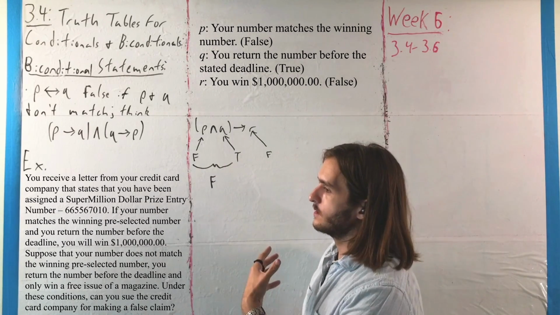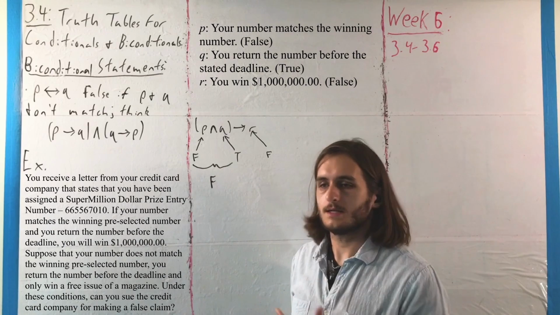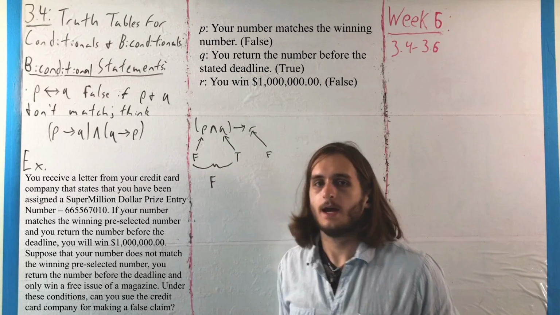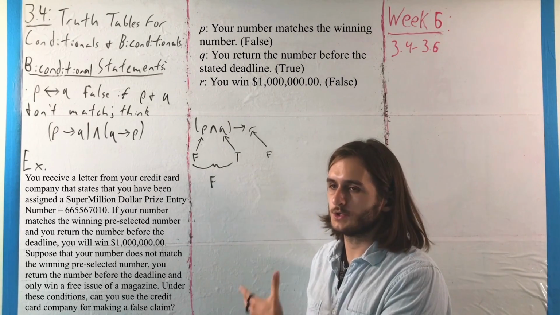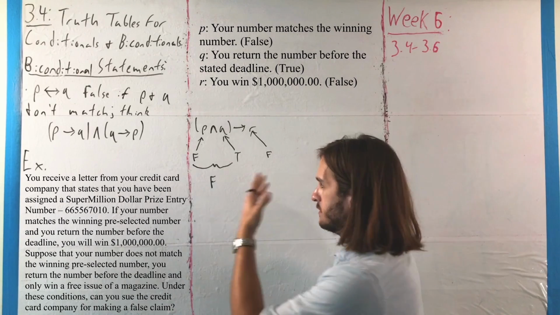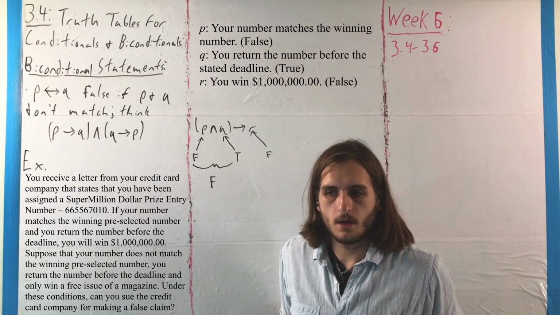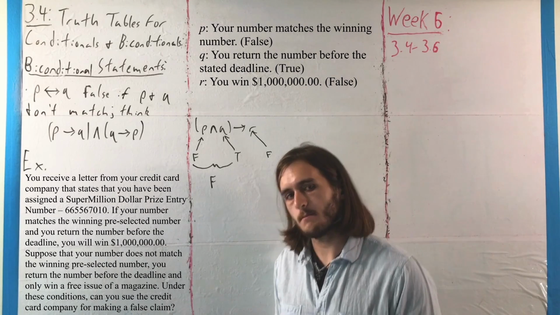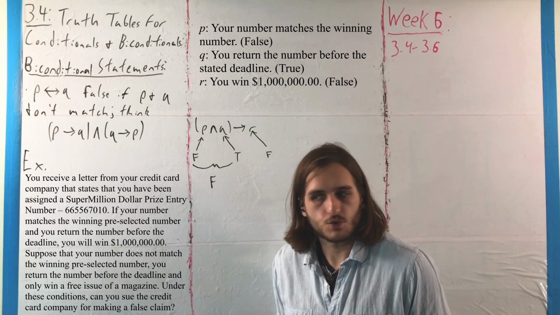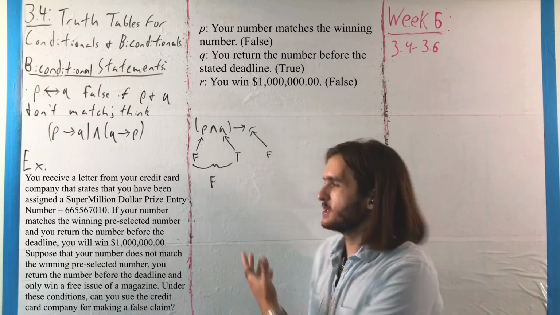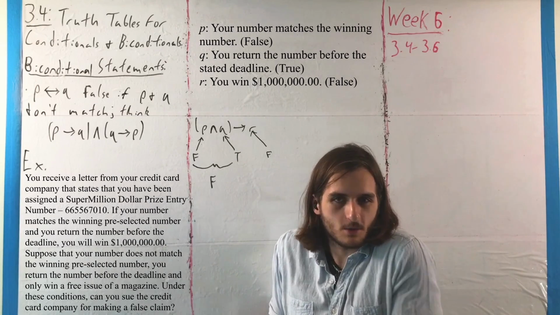And that means our antecedent here, the part that we need to happen first in order for the conditional to be meaningful, isn't true. Because you don't have a winning number. And if you don't have a winning number, nothing else really matters. You can't trick them into giving you the money. You didn't win. You lose!